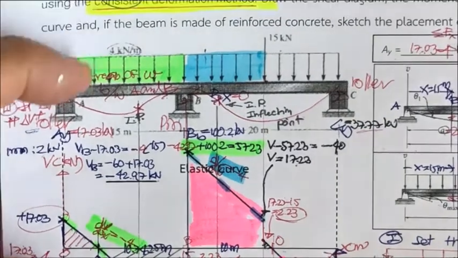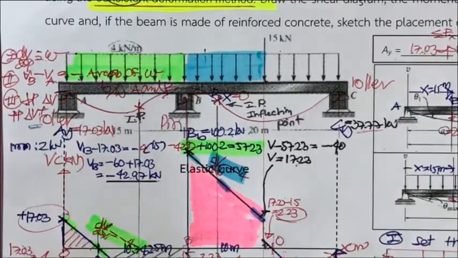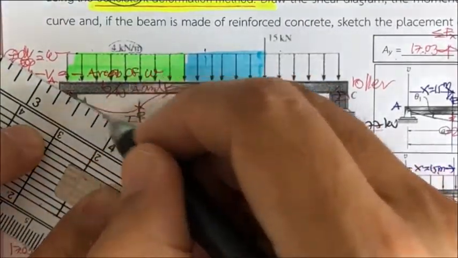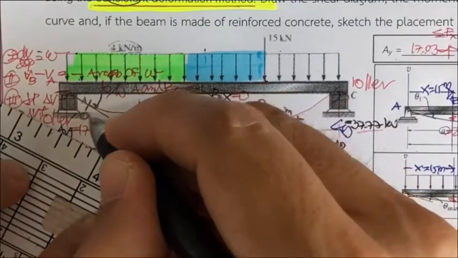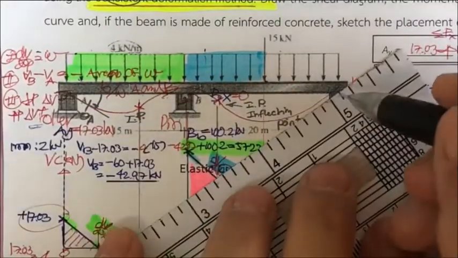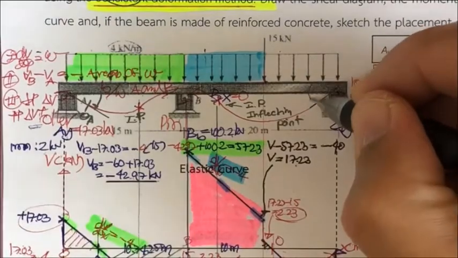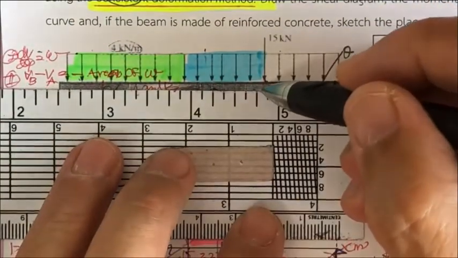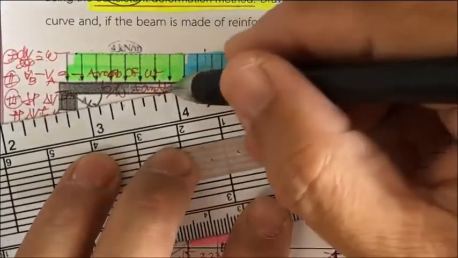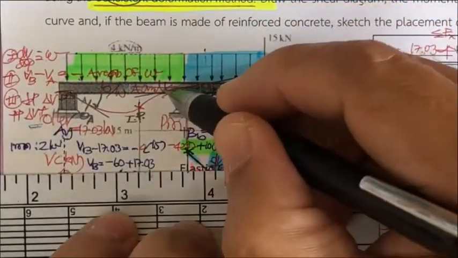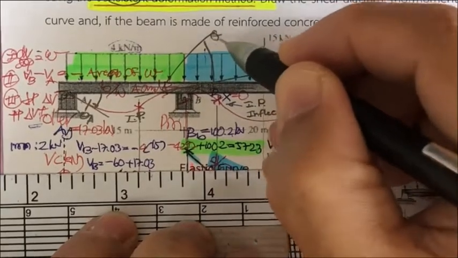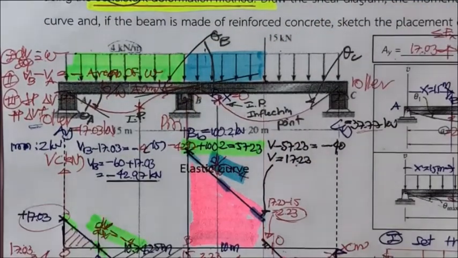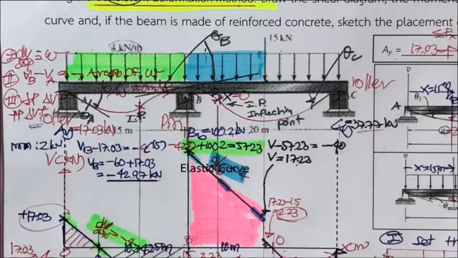Okay, next, if you more specify on this, you may have this one of theta A and this one for theta C, and you also may have this one for theta B, and you can determine them if you like by using the conjugate beam or by using the unit load method if you like.